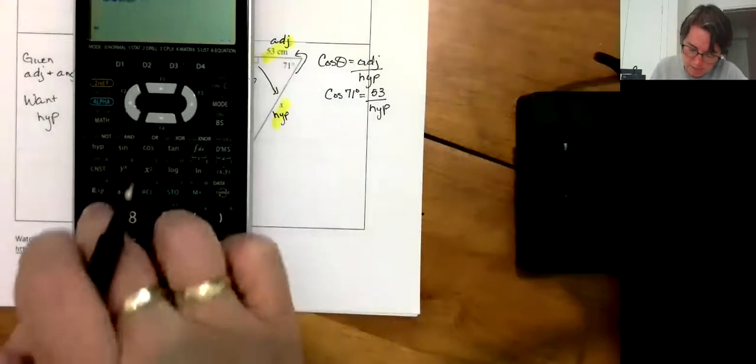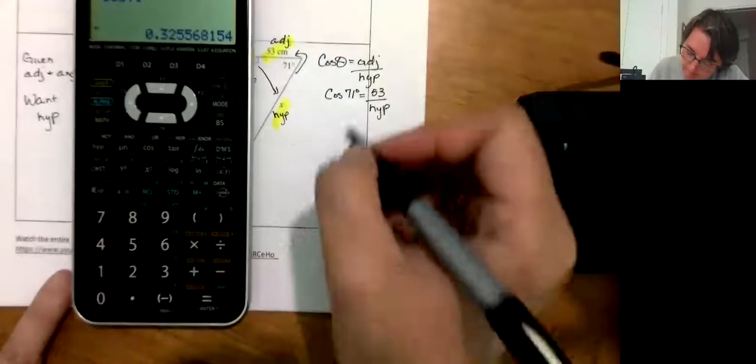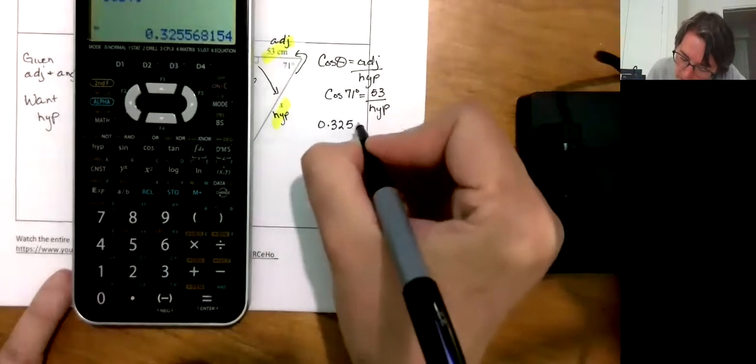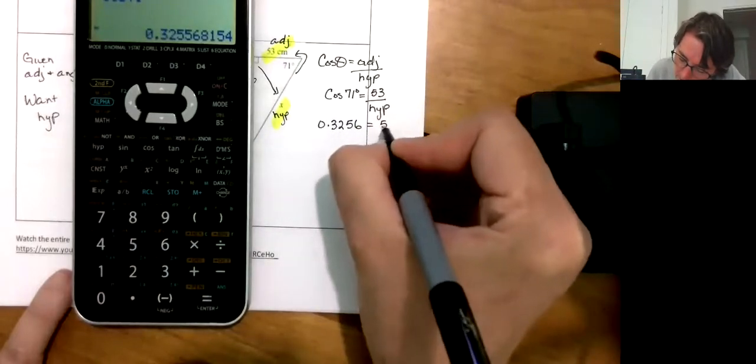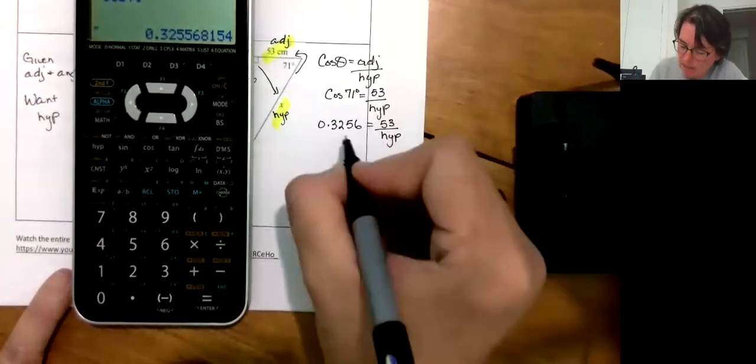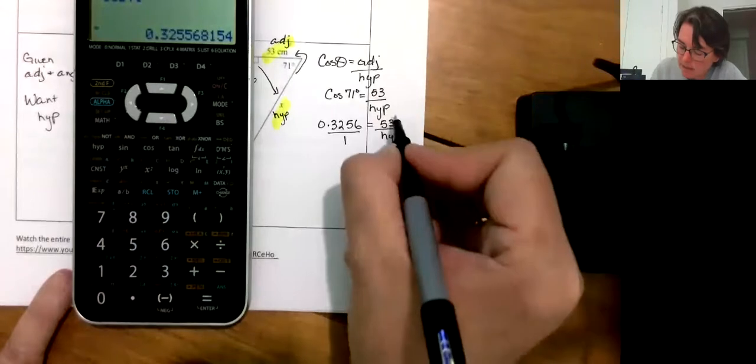So cos 71, 0.3256 over hypotenuse. Now to get rid of your fraction, I'm such a fan of cross multiplying.